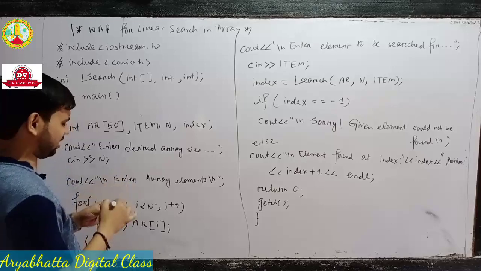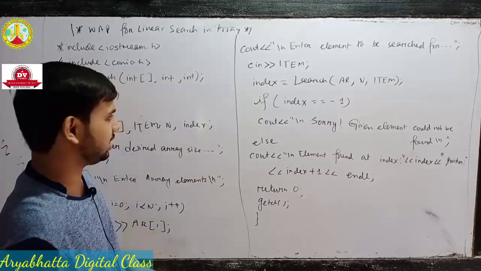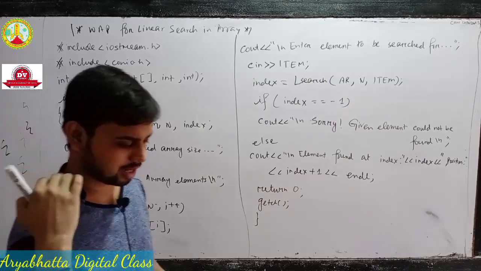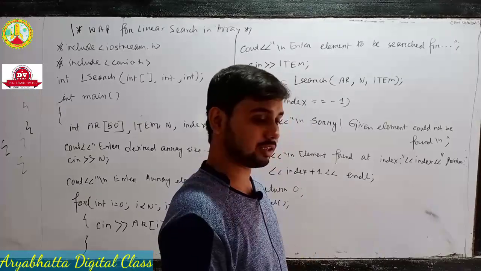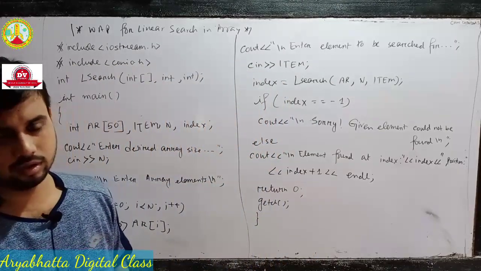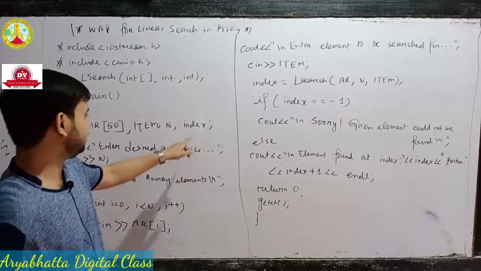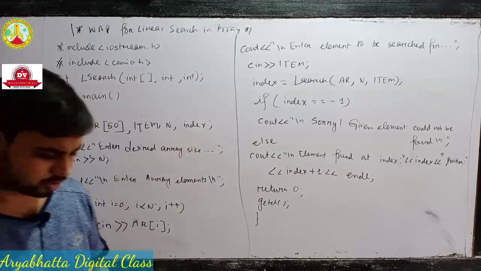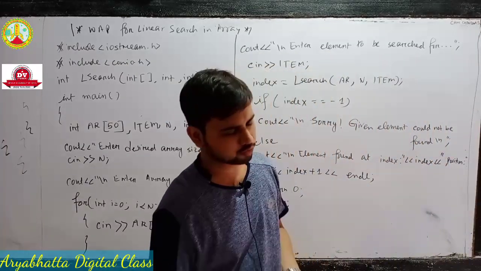n is the size of the array and index is the item's index, where the element will be found. Suppose the element is found at index 4, then 4 will be stored in this index. The index stores the position, though actually the position is index plus 1.